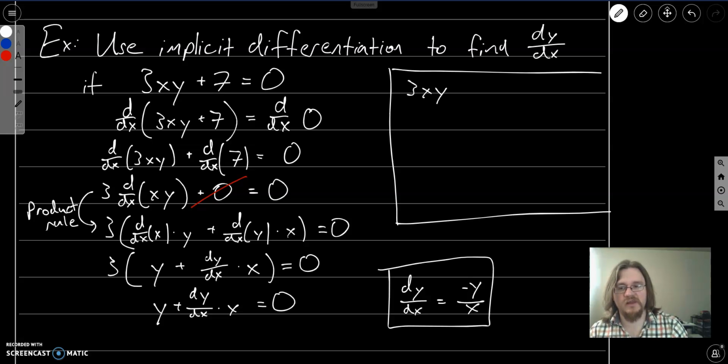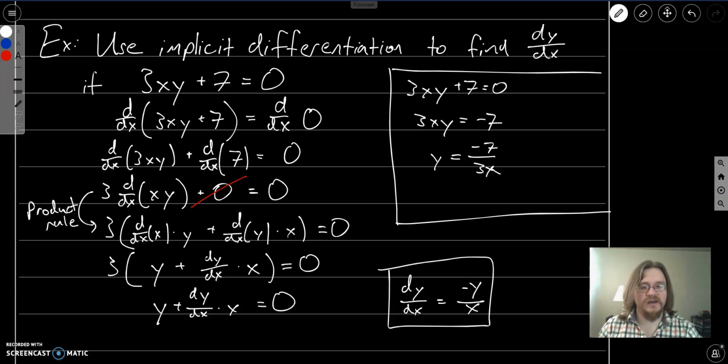If I have 3xy plus 7 is equal to 0, that means 3xy is equal to negative 7, or y is equal to negative 7 divided by 3x. And then I could take the derivative of both sides in order to find dy dx.